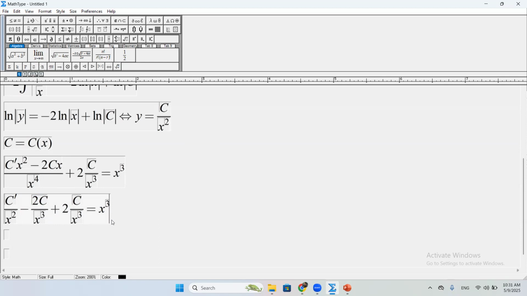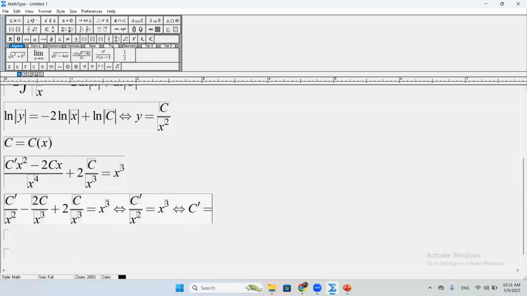Then we can see that c is eliminated in this equation. Always when you use the method of variation of arbitrary constant, if c is not eliminated after the substitution, it means that you made a mistake somewhere. And here c is eliminated, so it means that there is no mistake.